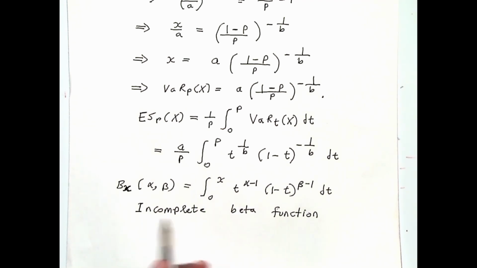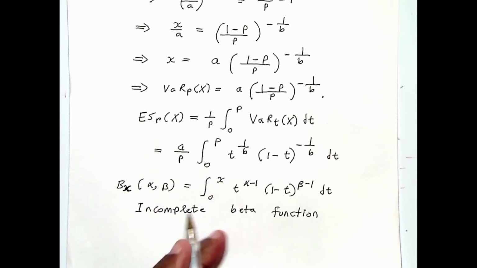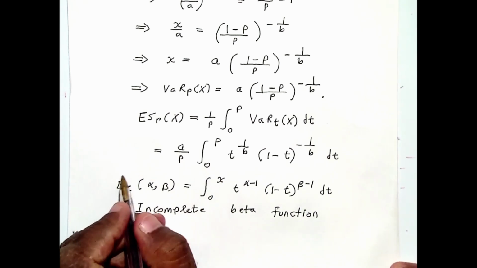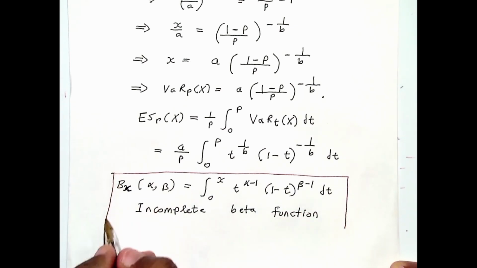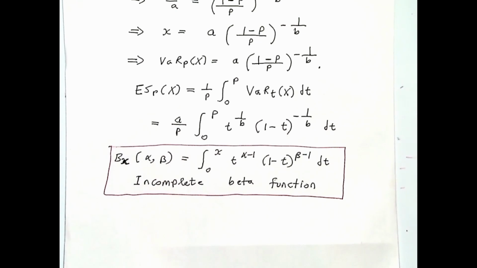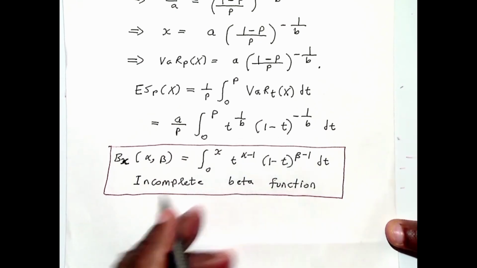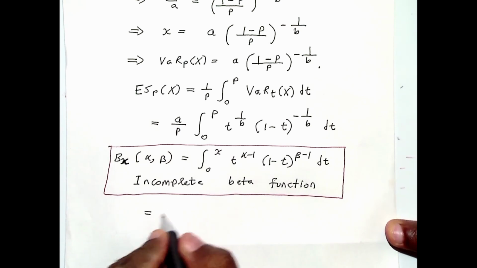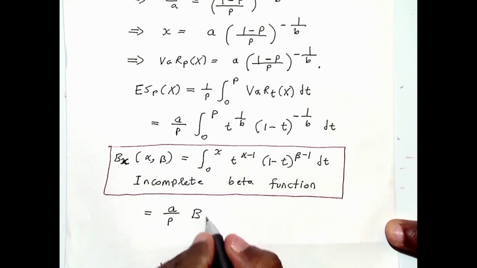So that's why you have this term incomplete, because it's not the same as beta function but with a different limit, which is any number between 0 and 1. Okay, so this is a well-known function, a special function in mathematics, right?